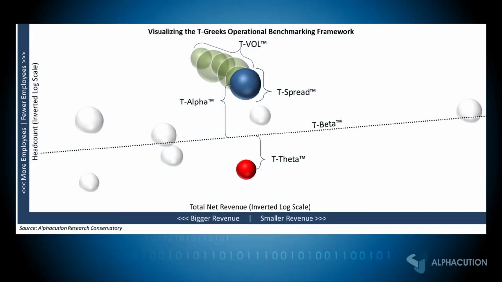And we start to lay out this framework, this benchmarking framework, which we call the T-Greeks, given how prevalent the use of the Greek alphabet is in describing phenomena and situations in the markets, like alpha and beta and delta and gamma and so on.